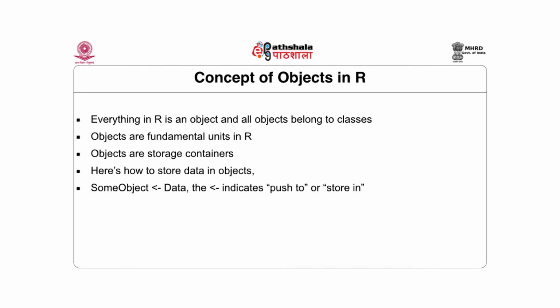Any information present on the right side of the arrow and dash gets stored into the named object on the left-hand side. That's why we use assignment operators, an arrow that points to the left with a dash, to assign values on the right-hand side and store data on the left-hand side.